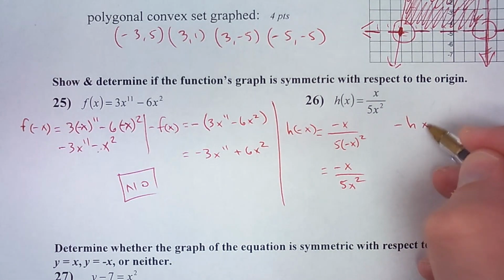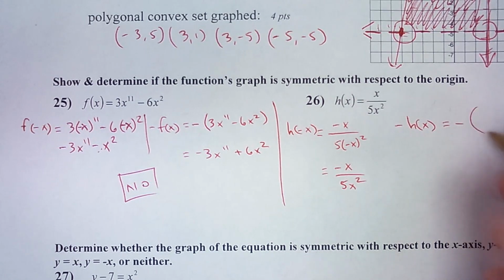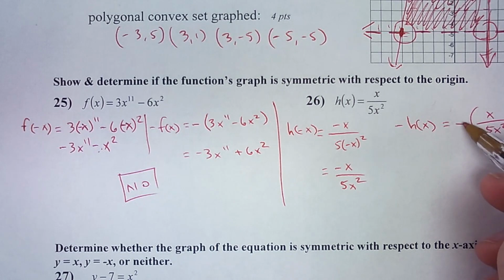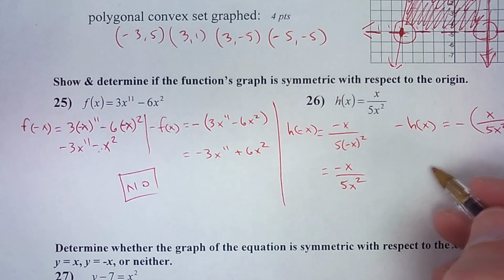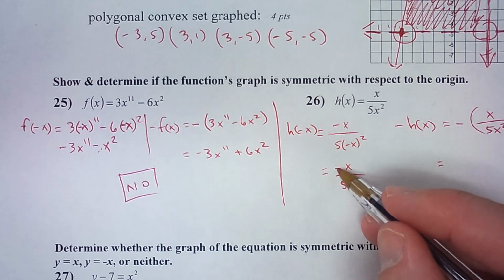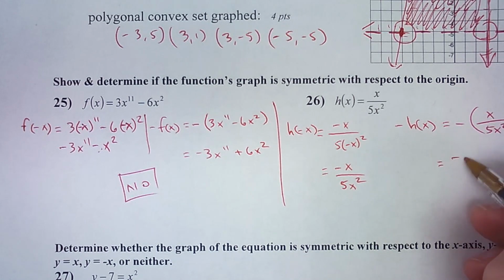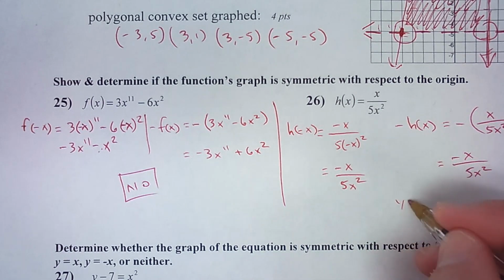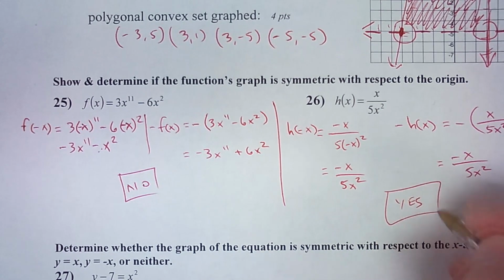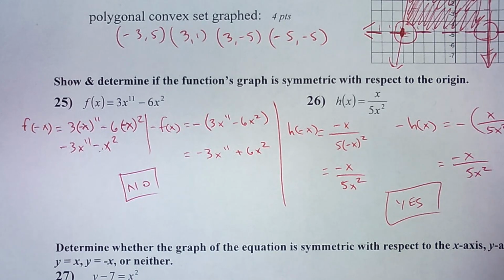Then I do the opposite of h of x, which is -x over 5x squared. I can put this negative into the numerator, the denominator, or the front. It does not matter where. This one has one in the numerator, so I'll put it there. And those do match, so yes, there is symmetry with respect to the origin.